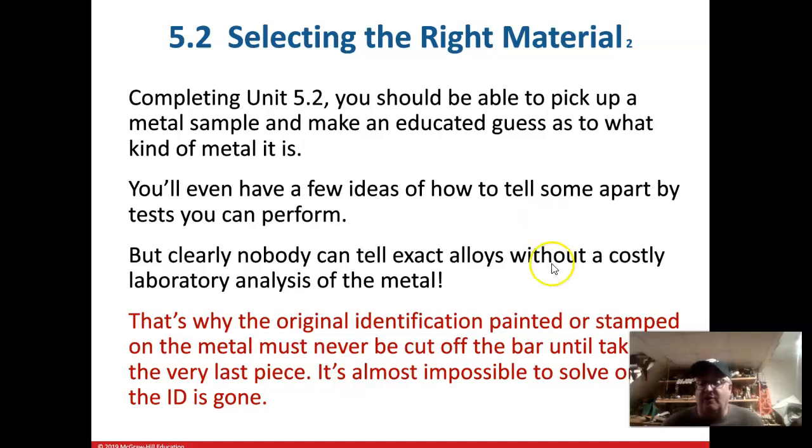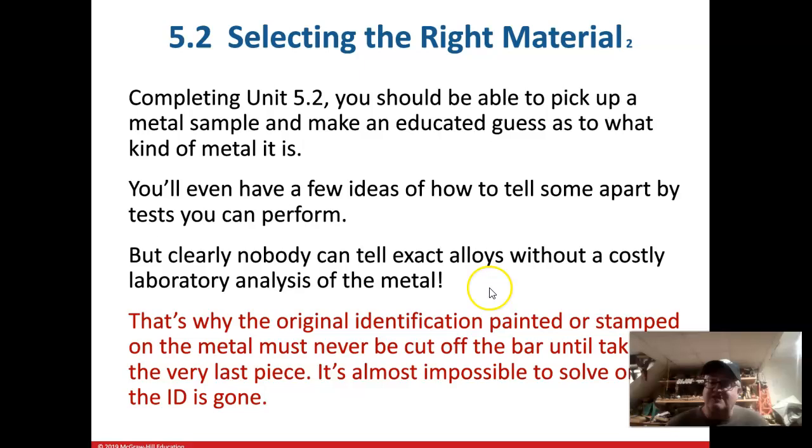There are some color codes that you might need to be aware of, and of course your supplier also marks the bar at the end. And you don't want to get rid of that. You want to make sure that that is identified until you've used up the whole bar so that we don't waste material.